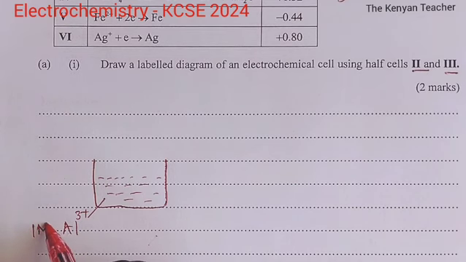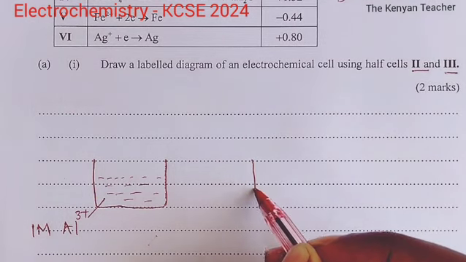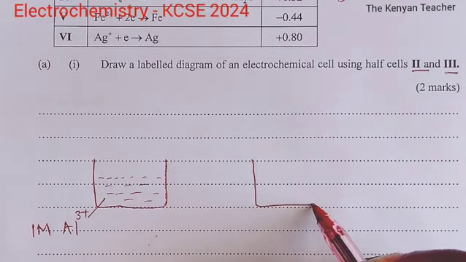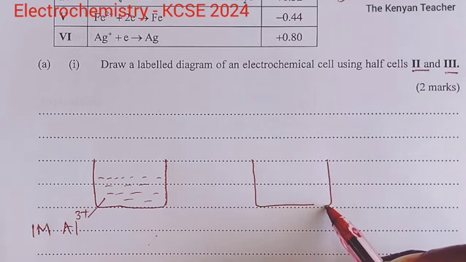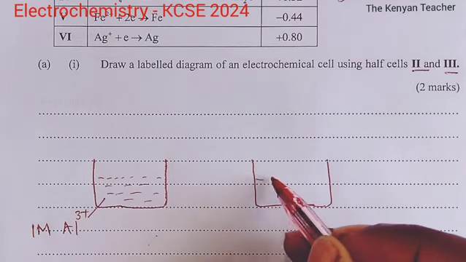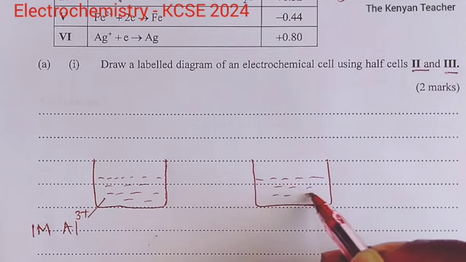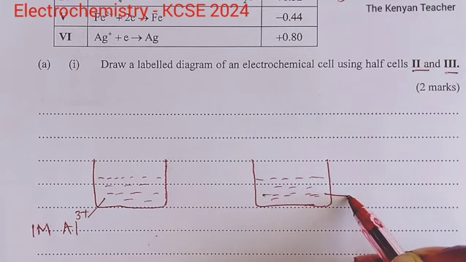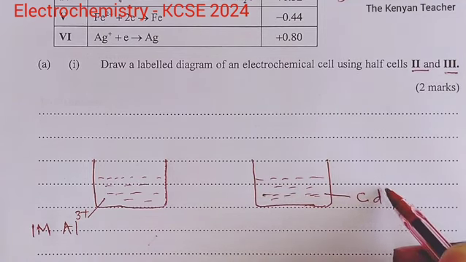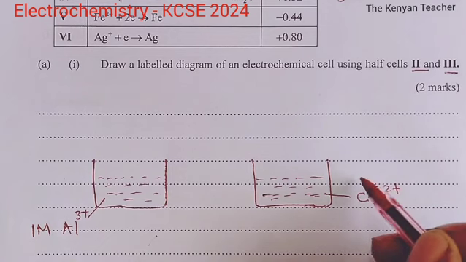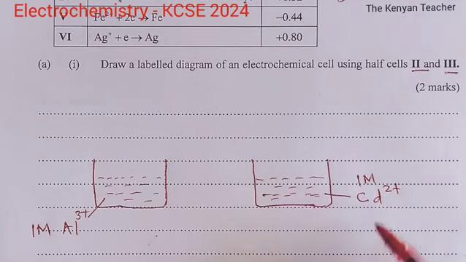To be more accurate, we need to also put the concentration. Then on the right, we draw another container that will now have cadmium ions as our electrolyte. Of course, it can be 1 mole as well.